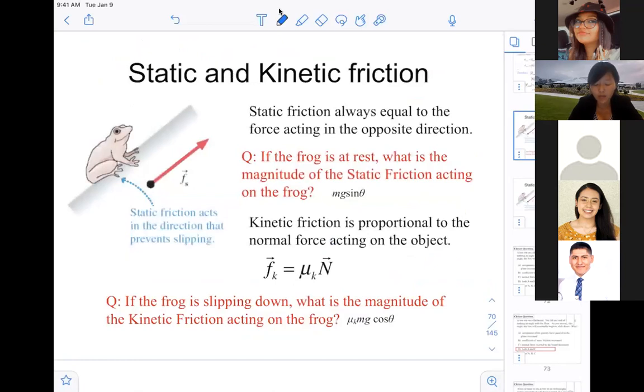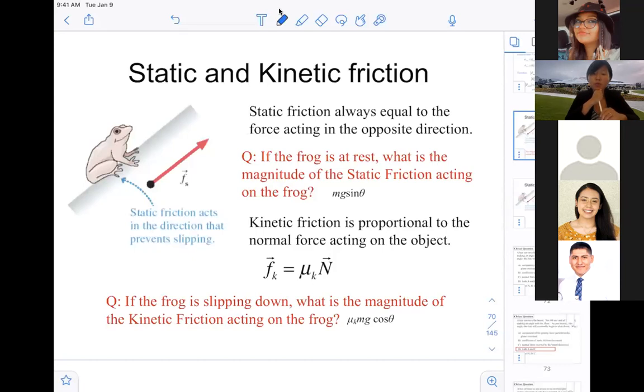So you have to provide a static friction that is equal to mg sine theta, right? As you can see, when you lift the ramp up more and more, the angle theta becomes bigger and bigger, so sine theta becomes bigger and bigger. This component that's trying to get it to go down is bigger and bigger. So you need to provide a static friction that's bigger and bigger.